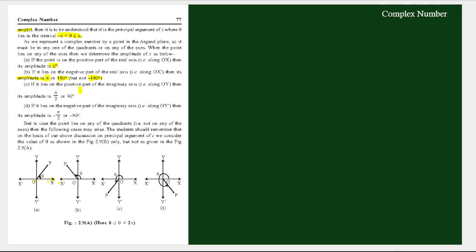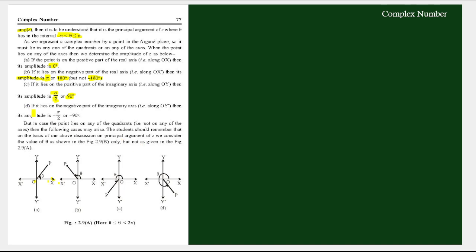If it lies on the positive part of the imaginary axis, y is the imaginary axis and x is the real axis. On the imaginary axis, on the positive side, the upside, this is your c, then its amplitude is pi by 2 or 90 degrees.